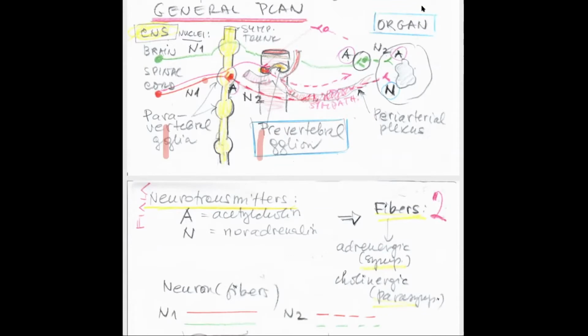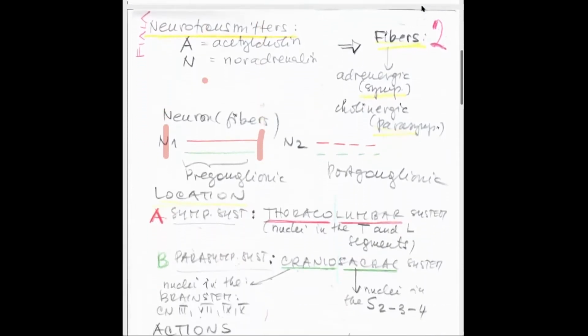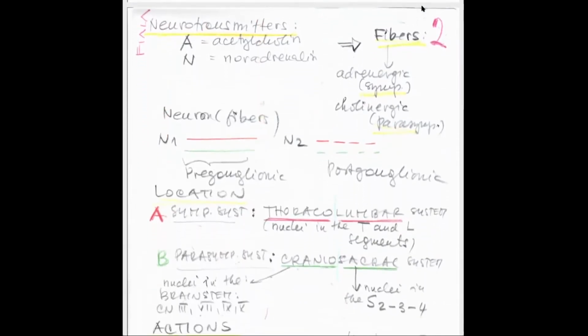Next page, please. When we look at the next page, there is also a difference in neurotransmitters, because they help in the synapsing. These are acetylcholine and noradrenaline. Acetylcholine is typical for parasympathetic innervation.